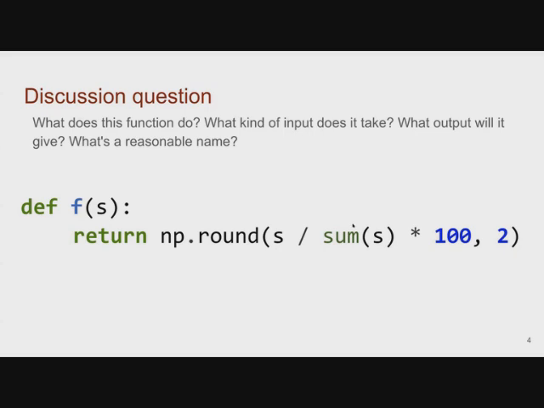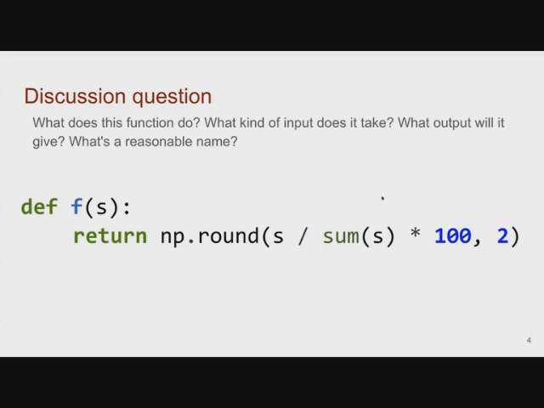That gives us the fraction, the percentage of all the individual elements in our array. To make it a percent, we multiply it by 100. That's what this inner thing does. That whole expression gets passed into the round function. The round function takes a second argument, which is how many decimal places to round to, and then it returns that value.